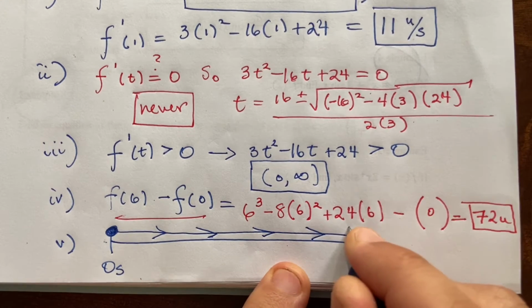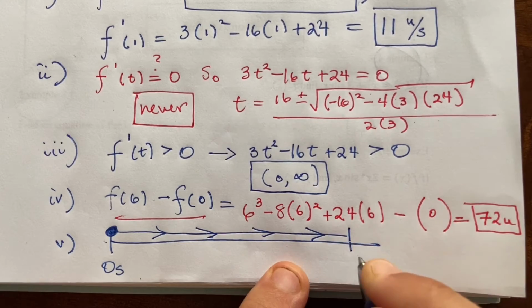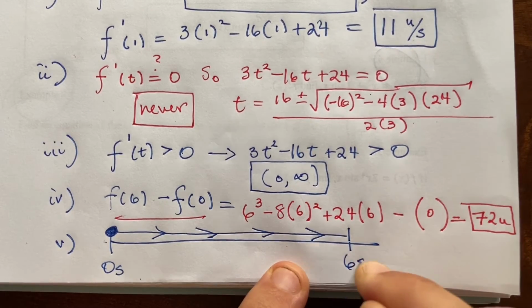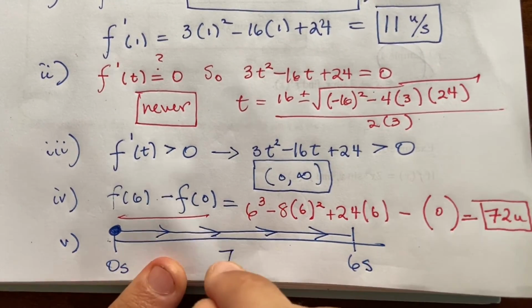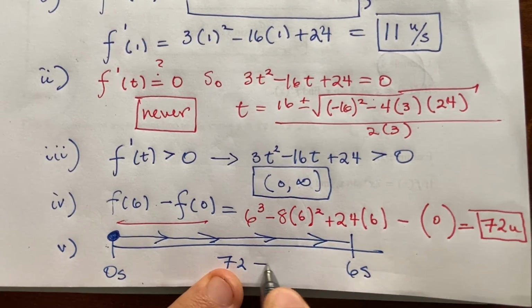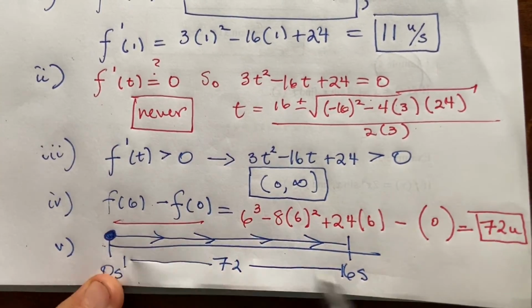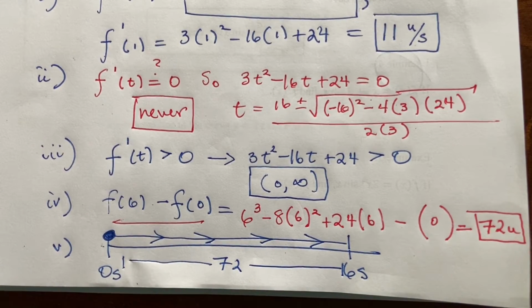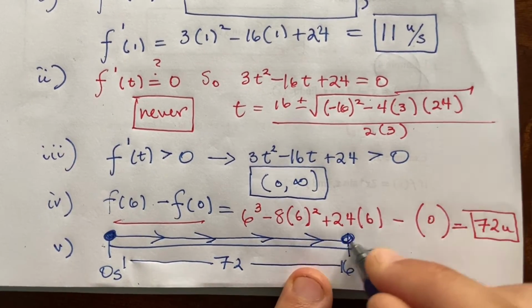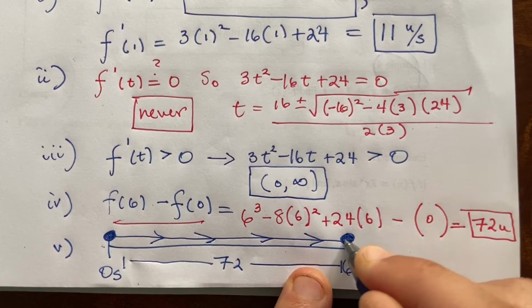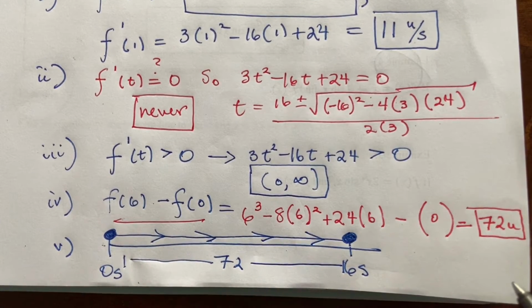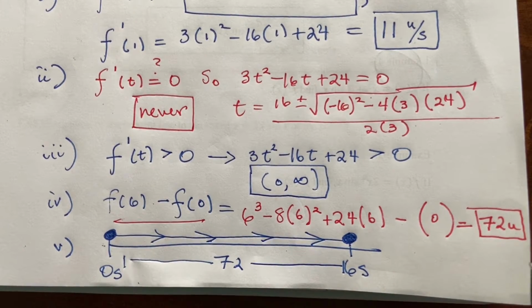Let's just identify that it is here after 6 seconds. And that this is 72 distance units there. So it's here after that 6 seconds. Okay. Really, it would just continue.